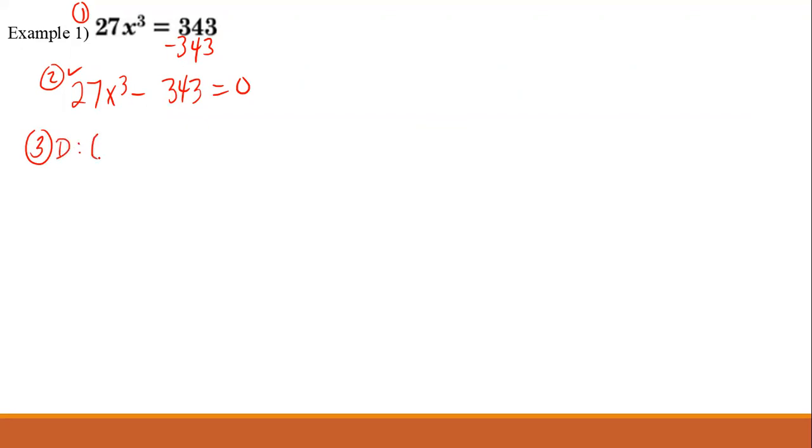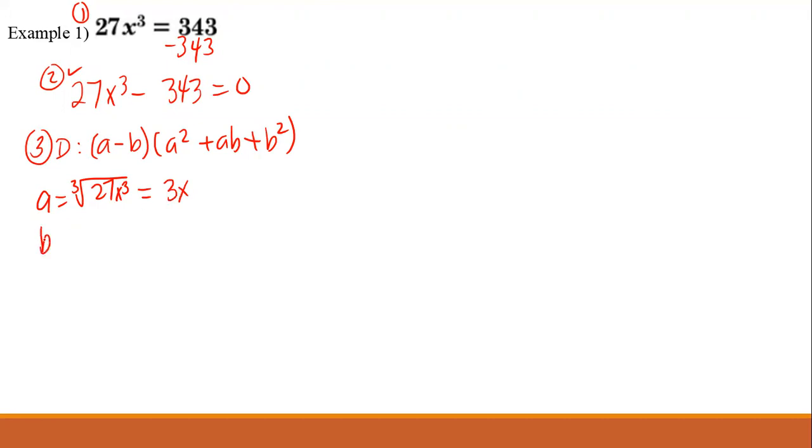So since it's difference, that's our a minus b times a squared plus a times b plus b squared. For this particular problem, our a equals the cube root of 27x cubed, which equals 3x, and our b equals the cube root of 343, which equals 7. So we're going to plug the a and b in where they go.